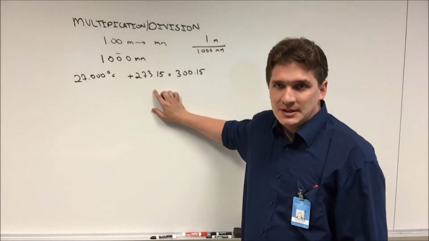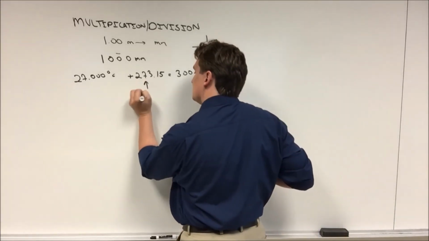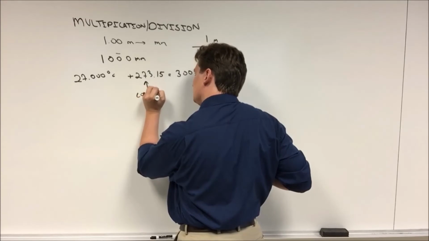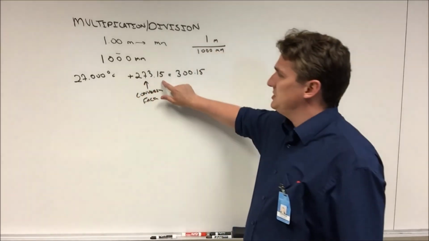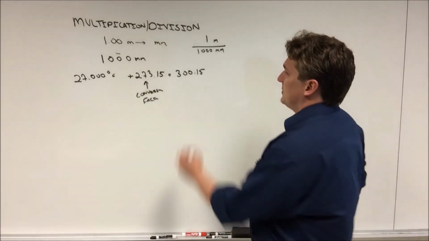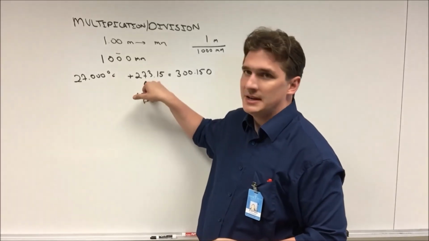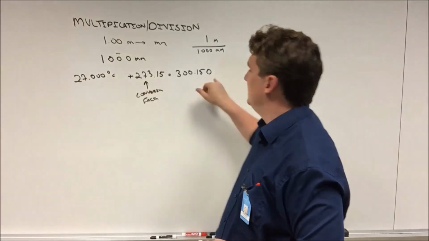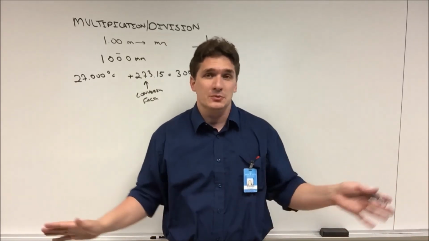Now it looks like the conversion to Kelvin is what's limiting you. But again, this is a conversion factor. And so even though I really should stop here at the 0.15 because it's the least precise decimal point, conversion factors still don't matter. So even though this only goes to the 2nd decimal point because we've got 3 here, we need to carry 3 in the final answer. Again, this is a conversion factor. For conversion factors, we ignore the rules.